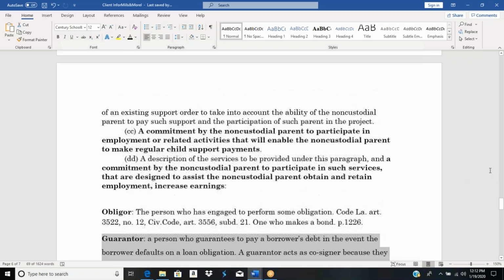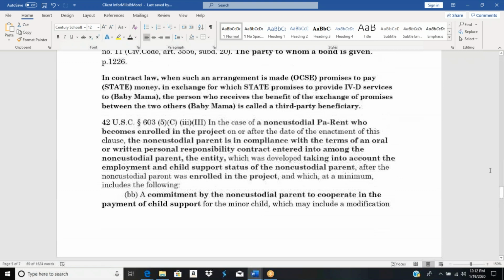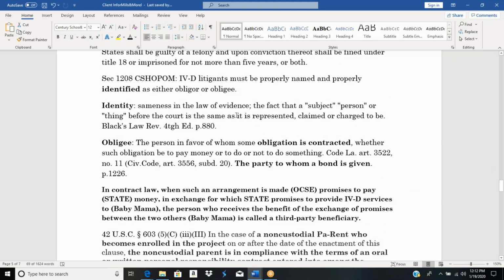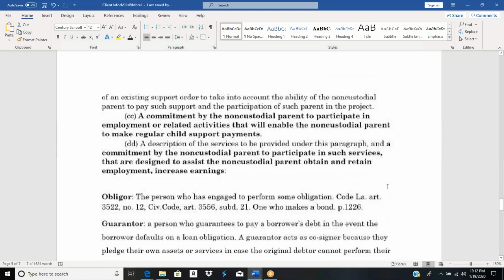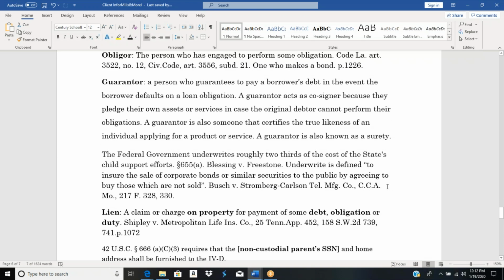When did you contract? How does this contract work? The contract don't favor baby mama. She's not the obligee. The contract is in favor of the borrower.